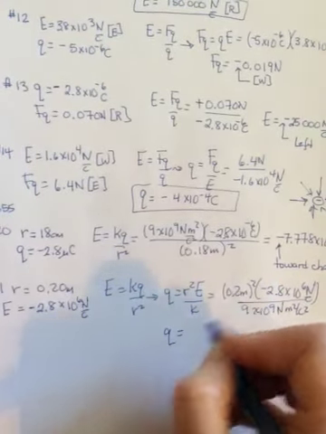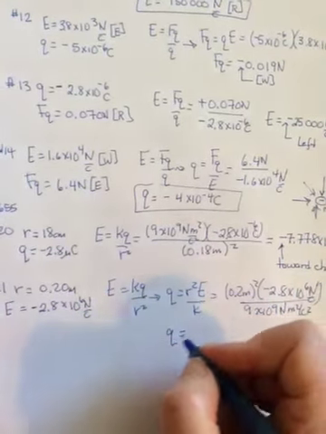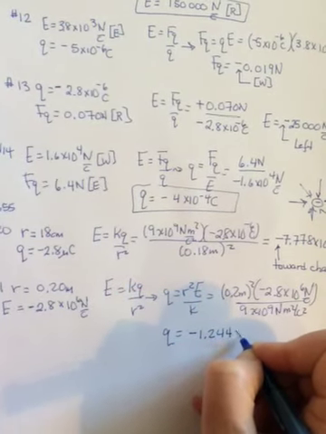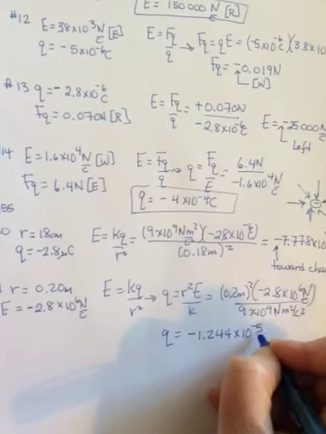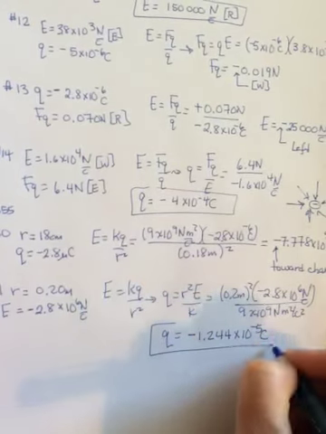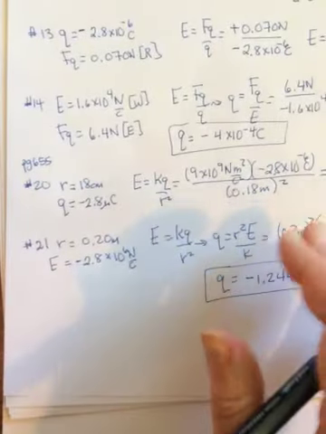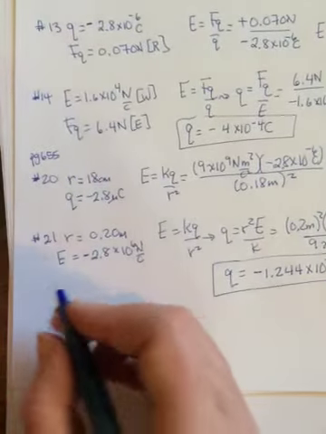And you're going to solve for Q, and when you do, you should get negative 1.244 times 10 to the negative 5 coulombs. Okay? All right. I also asked you to do number 26.